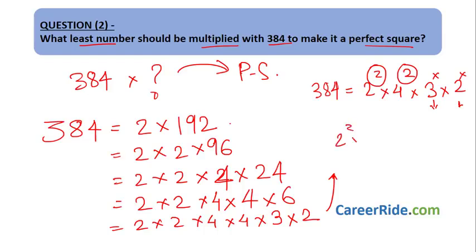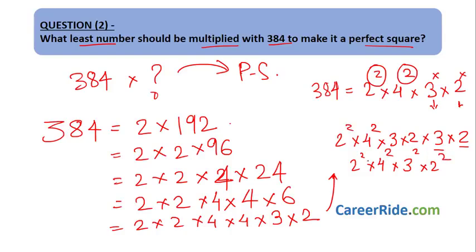We'll get 2 square into 4 square into 3 square into 2 square. When the individual factors are squares, the number has to be a perfect square.